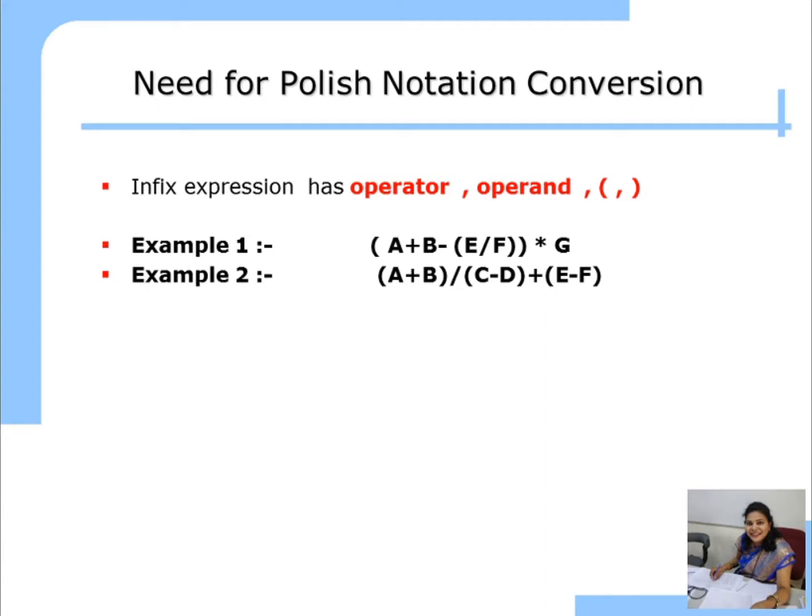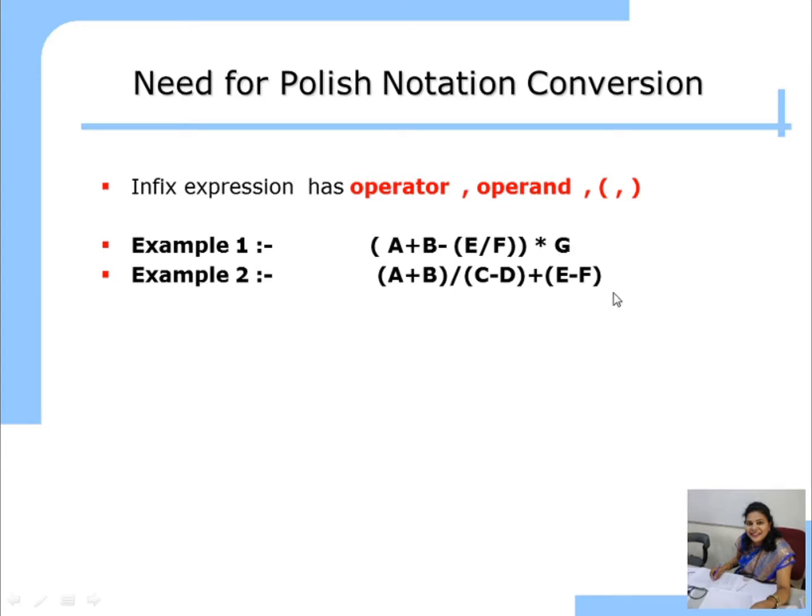In the first example you can see there are two pairs of parentheses. The innermost bracket is this e slash f, and this is the outermost bracket. If I tell you to solve example 1, you will solve the innermost parenthesis first, then the outermost, then you perform this last operation, into g.